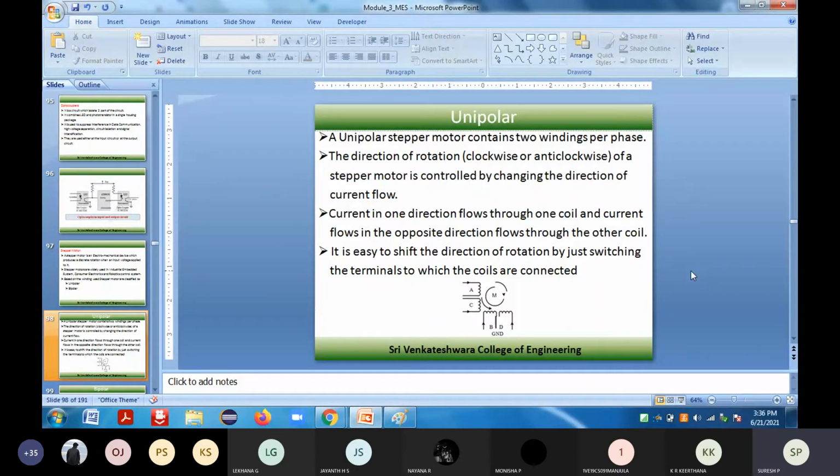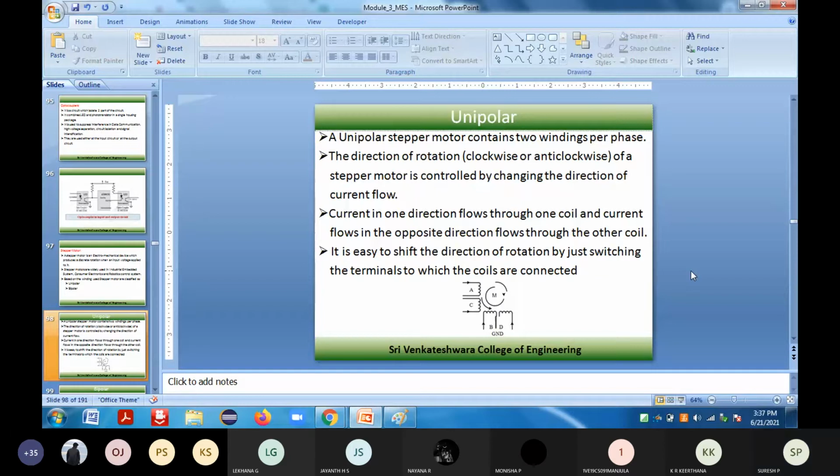If the stepper motor has to go in the reverse direction, then you have to provide the current in the anti-clockwise direction. So it is easy to shift the rotation, either clockwise or anti-clockwise, by just giving the voltage in the reverse direction. If you give the current in the reverse direction, the rotation of the stepper motor will be changed.